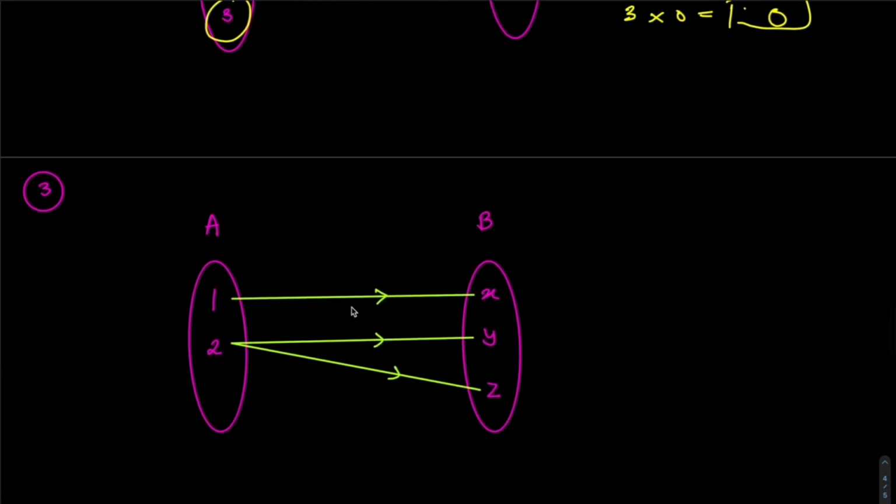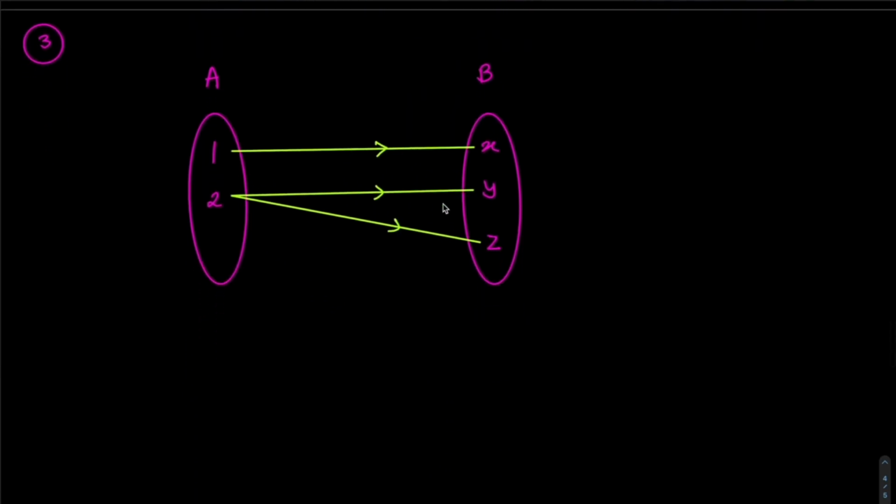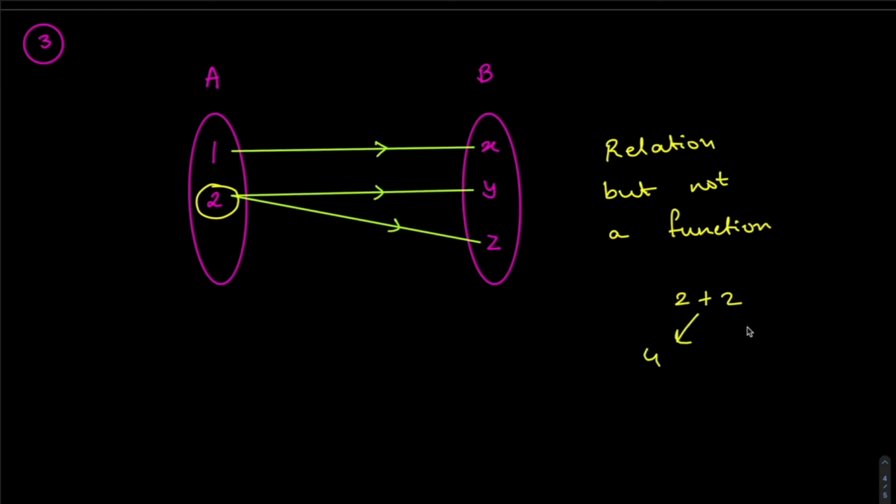So let's look at the final example. We have 1 corresponds to x, 2 corresponds to y and z. So it's a relation, but it's not a function. Because 2 has 2 possible outputs, it's like doing 2 plus 2 and getting 4 as one answer and 5 the next time you do it in the calculator again.